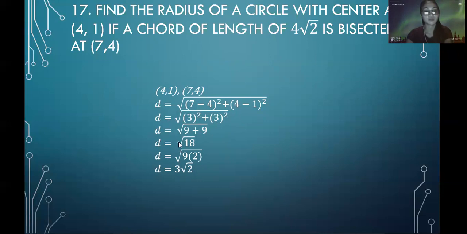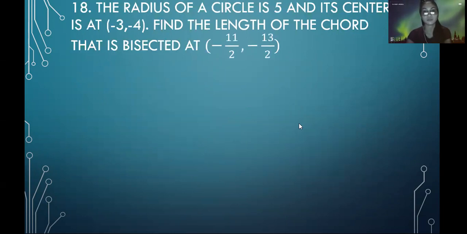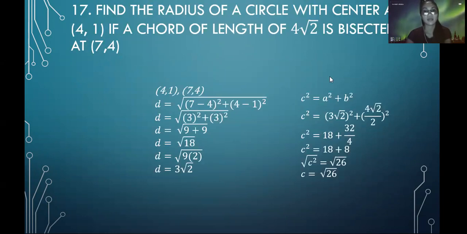Then d is equal to square root of 18. Also, we're going to factor square root of 18. It will become square root of 9 times 2. So square root of 9 times 2 is 3 square root of 2. Then we use the Pythagorean theorem to find the radius of a circle.